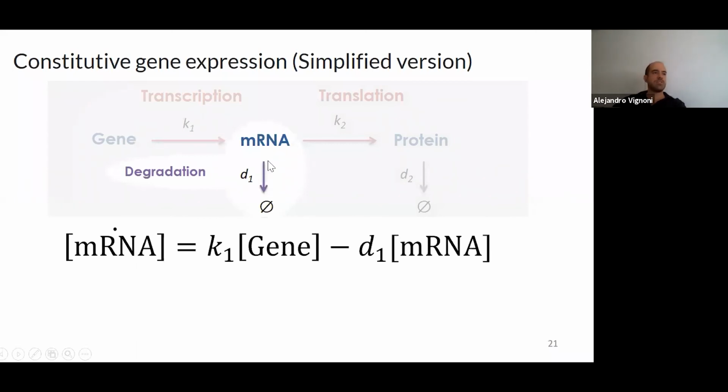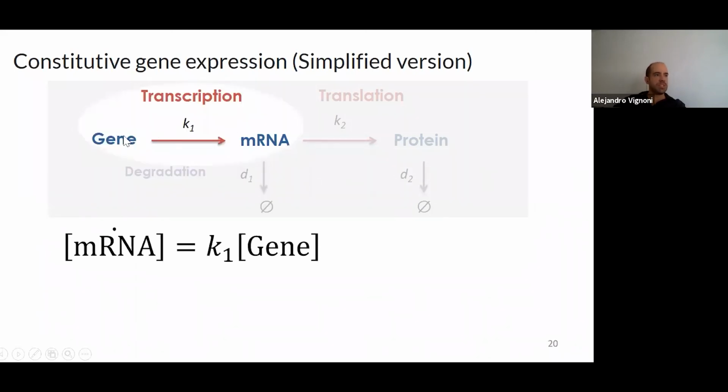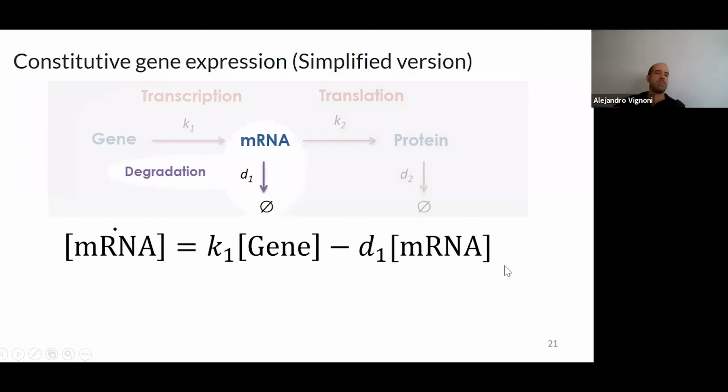It's getting degraded, which is happening at a rate D1. And the term that goes in the equation, as we saw from the law of mass action, is the concentration of mRNA times D1, okay? This term. And the one before was the amount of genes we have times the rate. So we are following the rule to construct the differential equation here, okay?